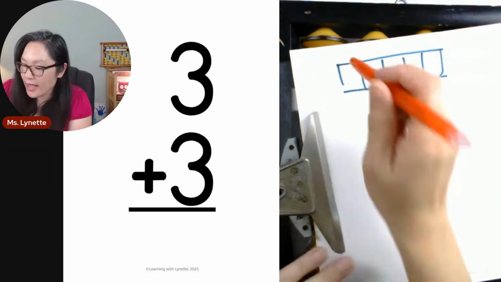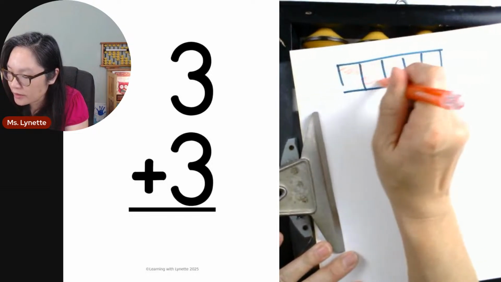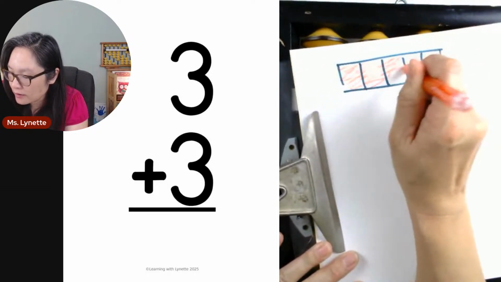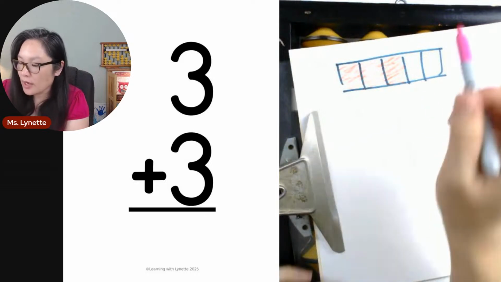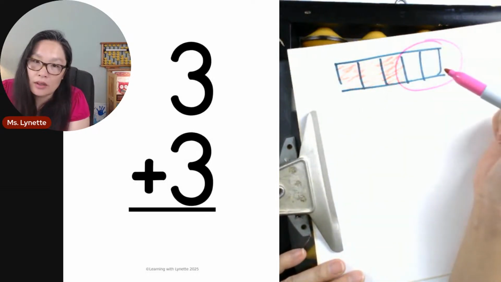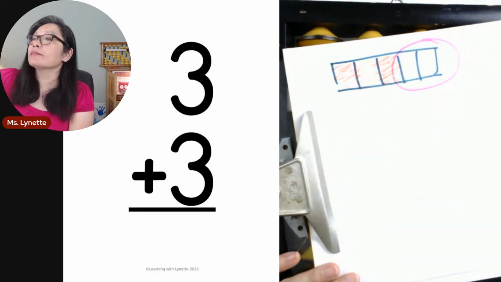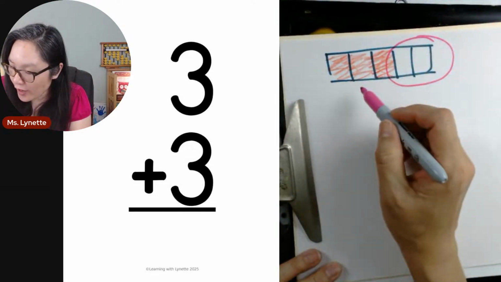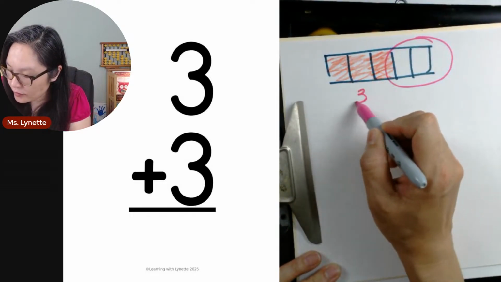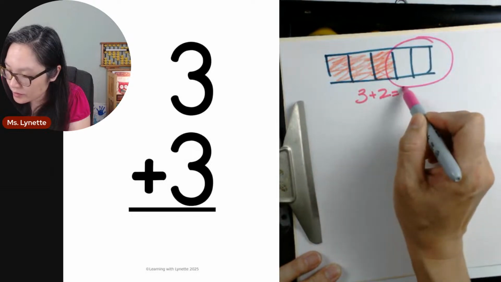We know that if I color in 3, I have 2 squares left, right? So to do 5, it's 3 plus 2 is equal to 5.